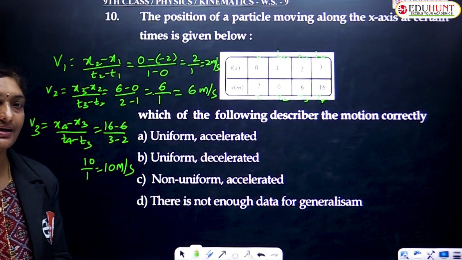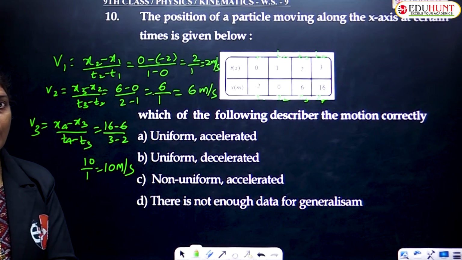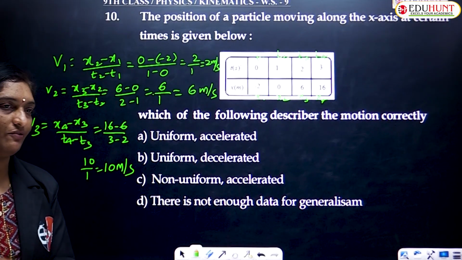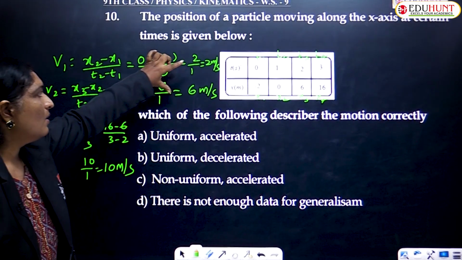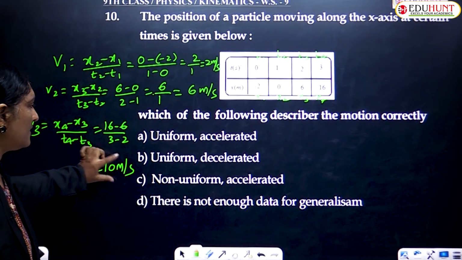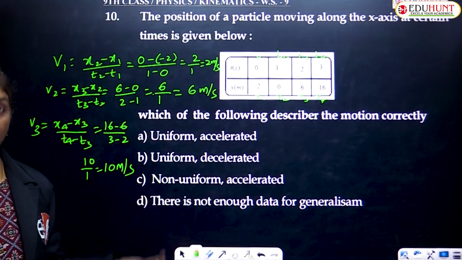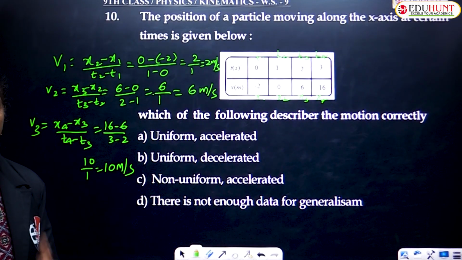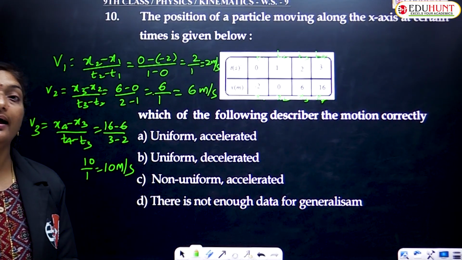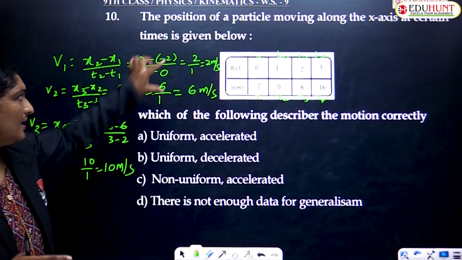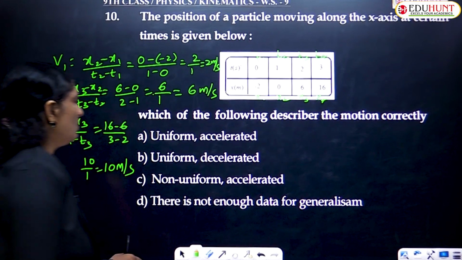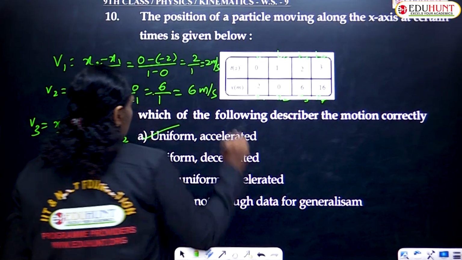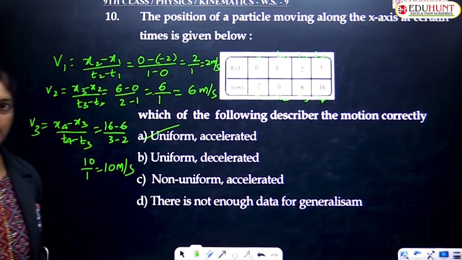Whenever equal changes are brought in the velocity, the acceleration is uniform. If the velocity gap were different, say 6 meter per second or 7 meter per second, then it would be non-uniform acceleration. But here it is uniform. Here the gap is 4, here also the gap is 4. Hence, we conclude option A, uniformly accelerated motion.